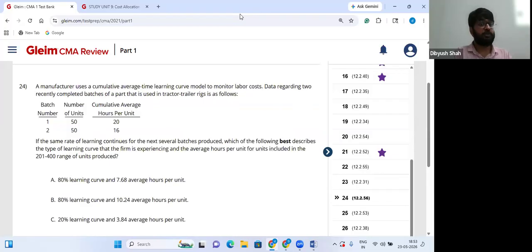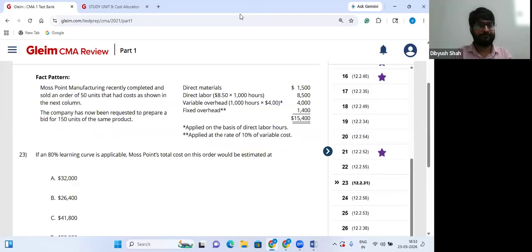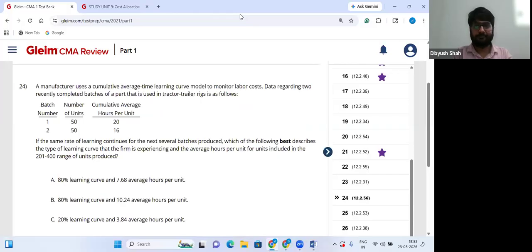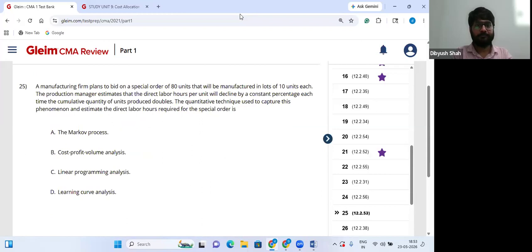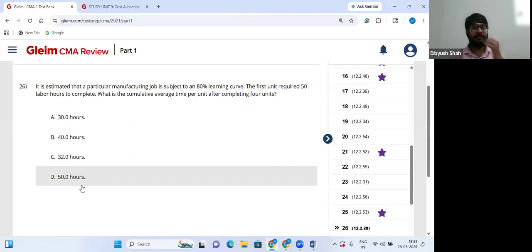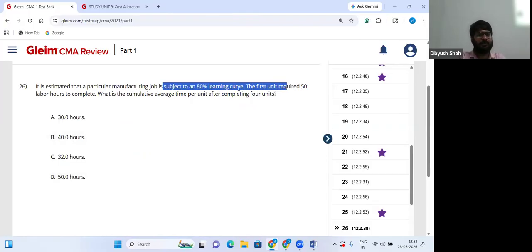Write down 24, I will solve. This is a very good question. Homework. This I don't need to discuss much. If you see 80% learning curve, the first unit took 4 hours.